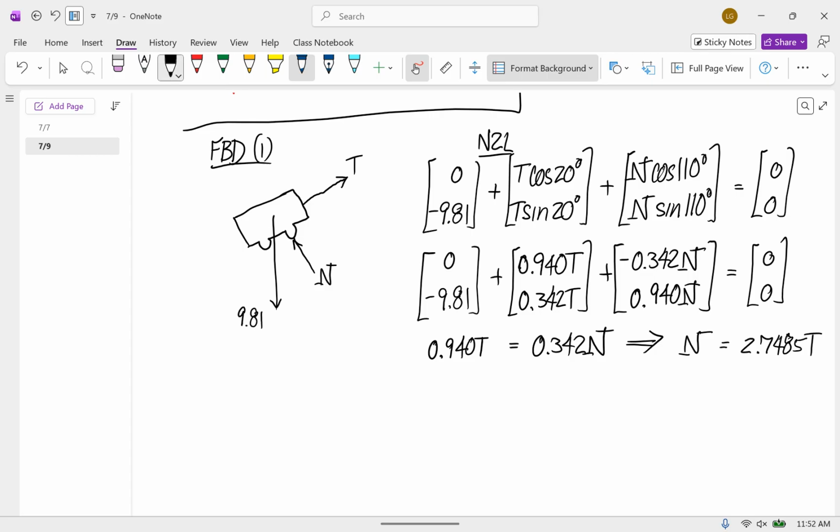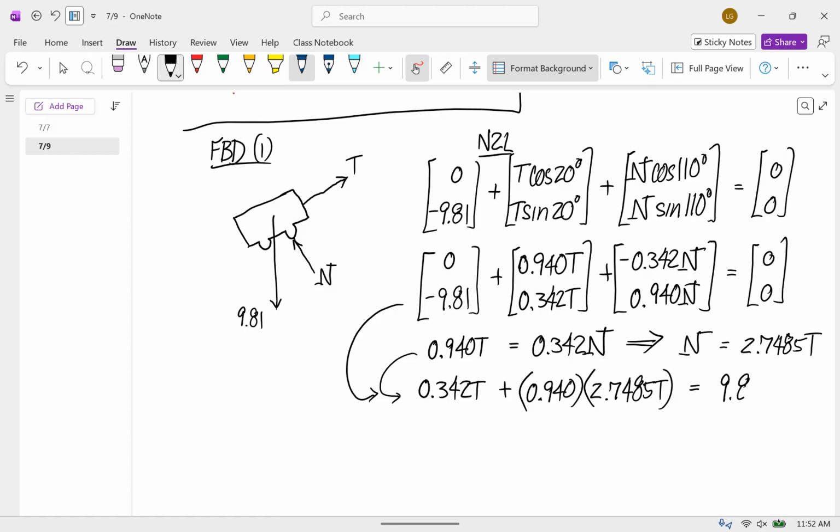And then I'll plug that into the second equation. So I'm taking this and taking this: 0.342 T plus 0.940 times N, which I'm substituting with 2.7485 T, is equal to 9.81.